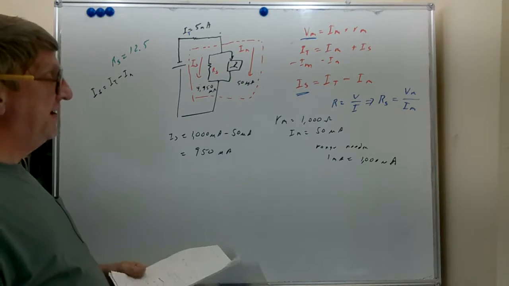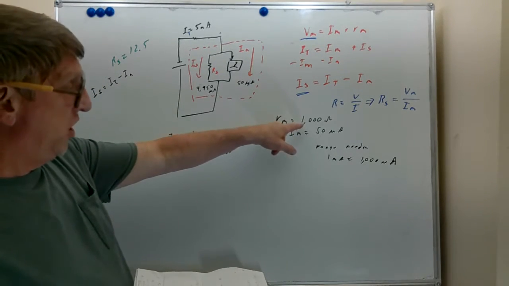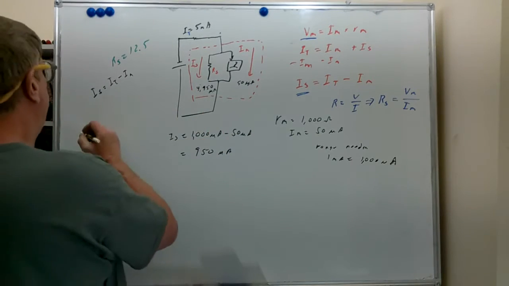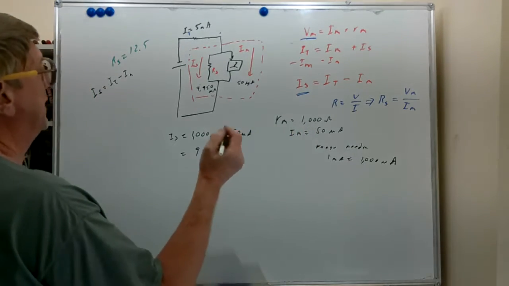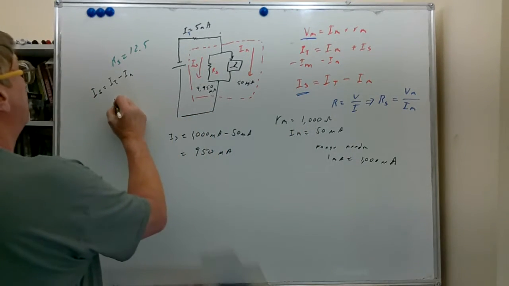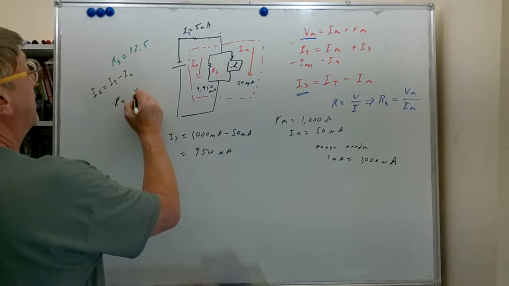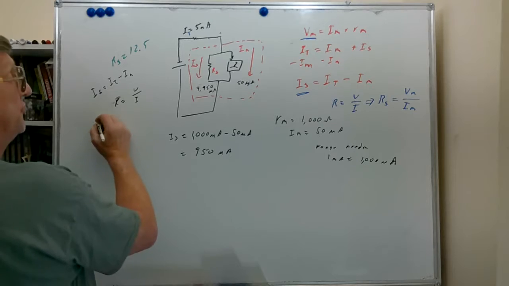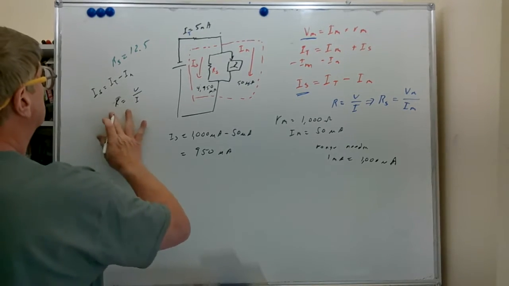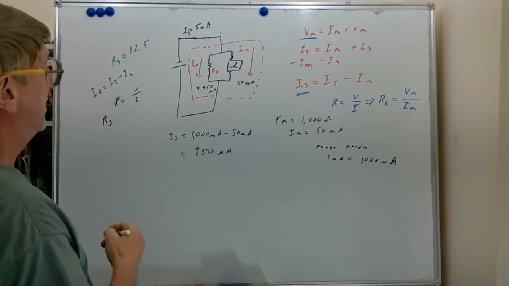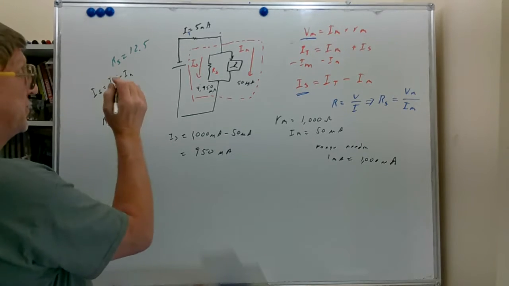Now we're given IM and we were given RM. We're going to use the formula from Ohm's law that says resistance equals voltage divided by current. In our case, we're looking for RS. Then we're going to do the voltage of the meter divided by the current.